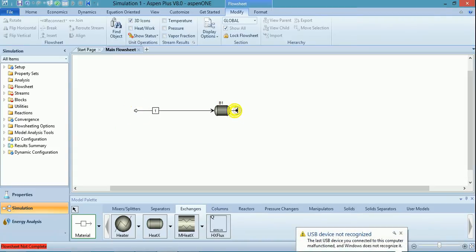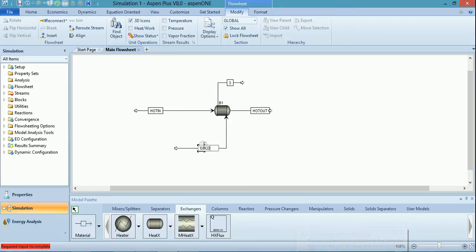We add the material streams after that. By convention, the hot material will be passed through the tubes and the cold one through the shell. Right. We rename the streams for easier understandability.